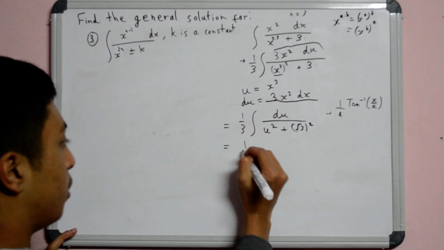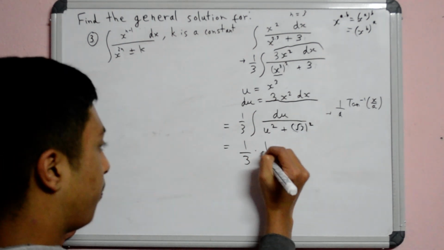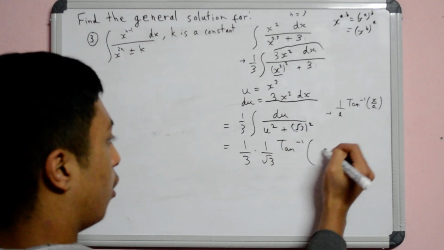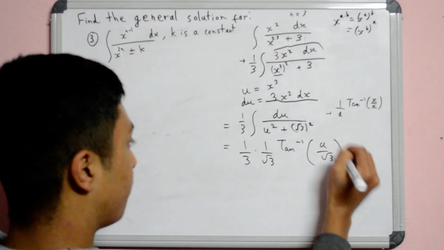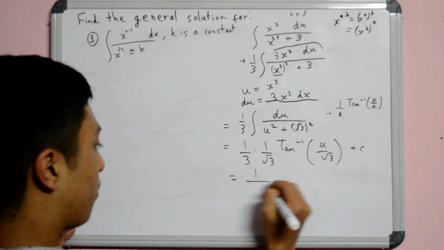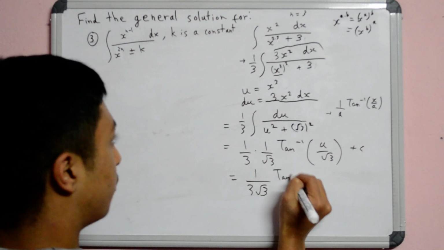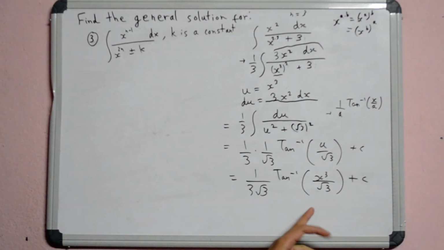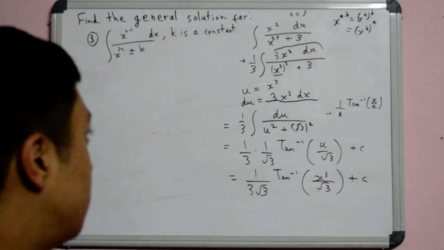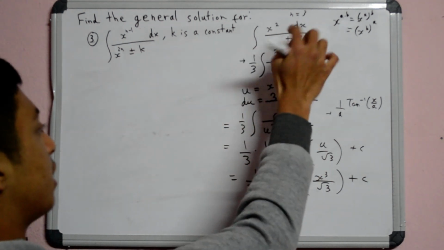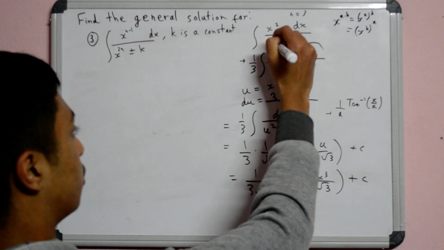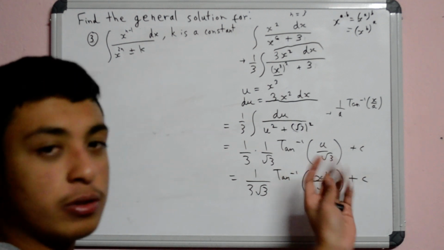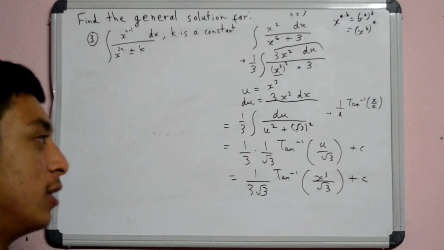So this would be 1 by 3, 1 by a, and our a is root 3 tangent inverse of u by root 3 plus c, which will be 1 by 3 root 3 tangent inverse of x cubed by root 3 plus c, and that is our answer for this integral right here. And if you want the beginning integral, you can write it as x to the power 6. Yes, things will start to look a bit crazy, but don't worry, it's just the tangent inverse.